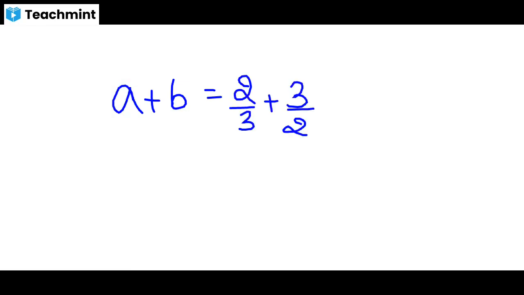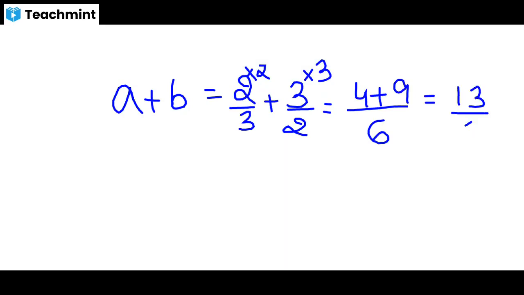What is the LCM? 6, ma'am. Now what you should multiply here, into 2, here you will multiply with 3. So 4 plus 9. So what you get? 13 by 6.